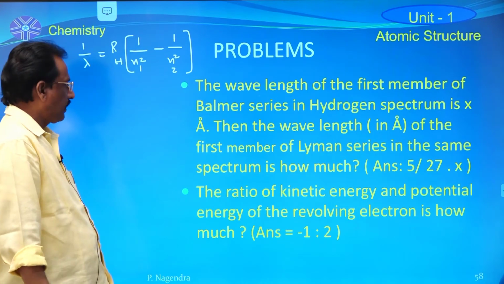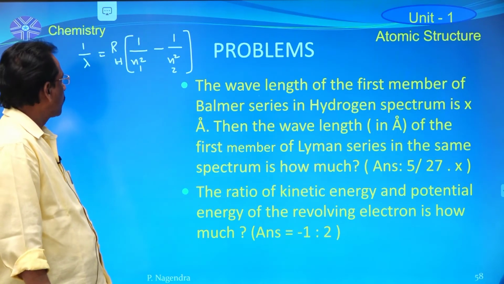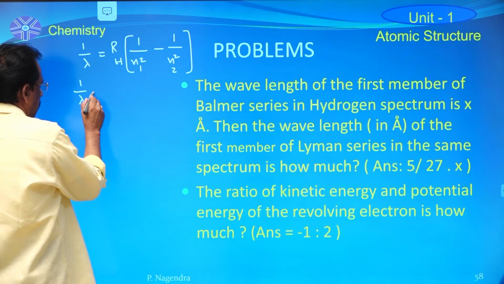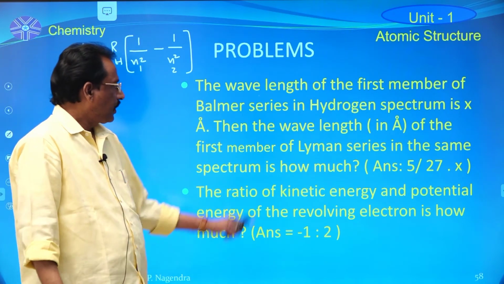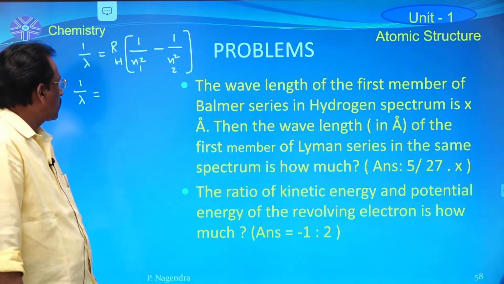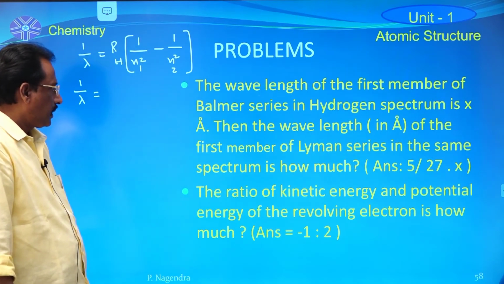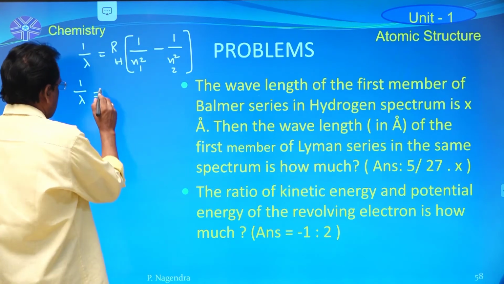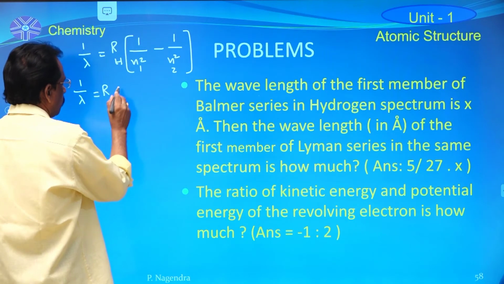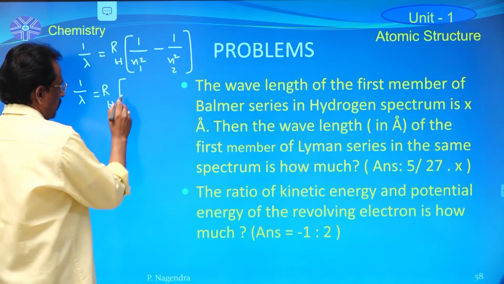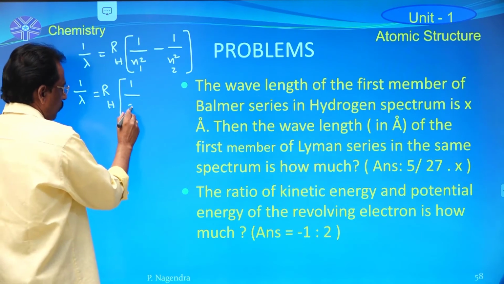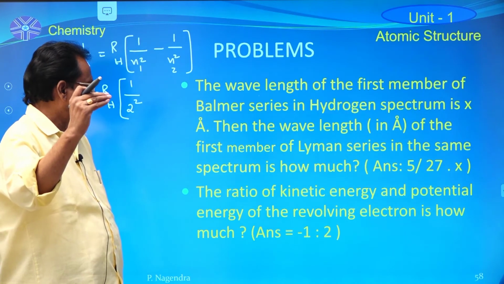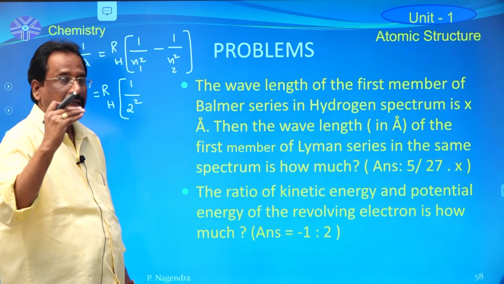The wavelength or wave number of the first member in Balmer series, for hydrogen atom, is RH into, for Balmer series, n1 is equal to 2, because all the electrons jump from higher energy levels to the second energy state.